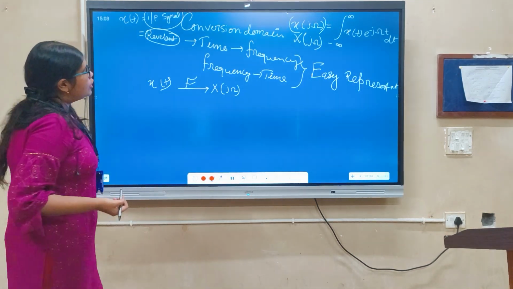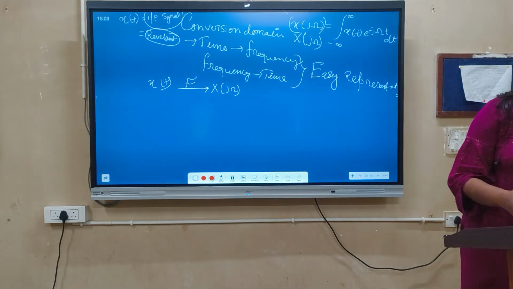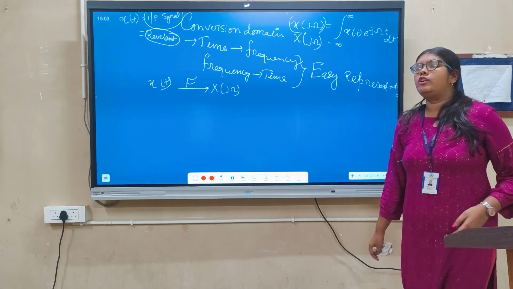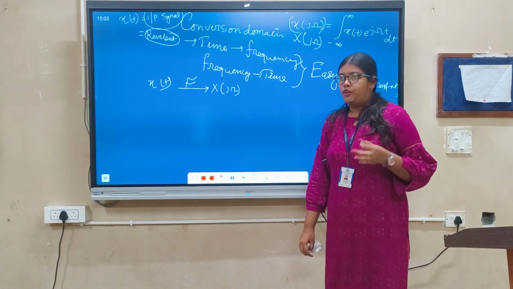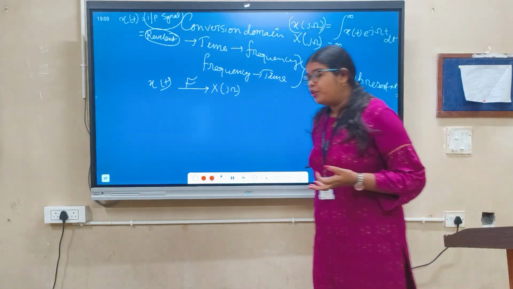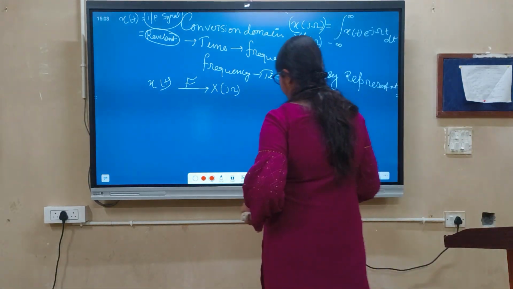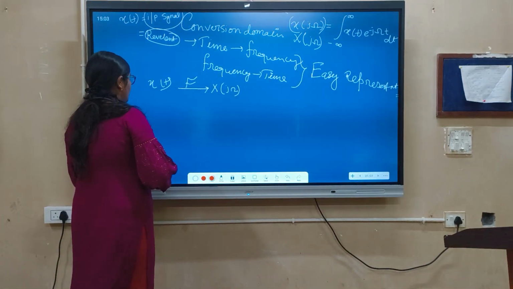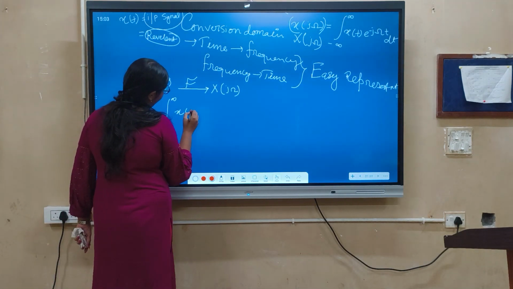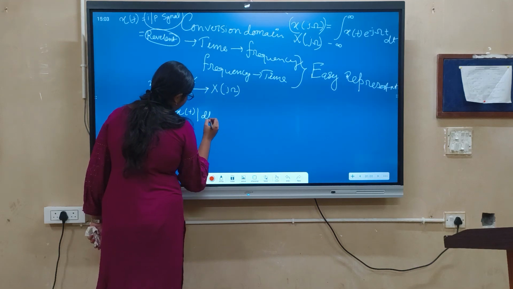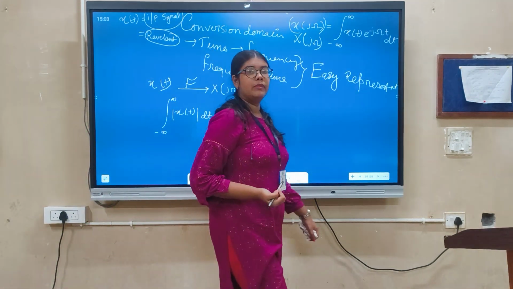Okay. So we have to know the existence of Fourier transform. When we are talking about the existence of Fourier transform, we have to remember that those signals we want to transform must have absolute integral properties. That means the integral from minus infinity to infinity of x of t dt is finite, which is obviously a stable system.